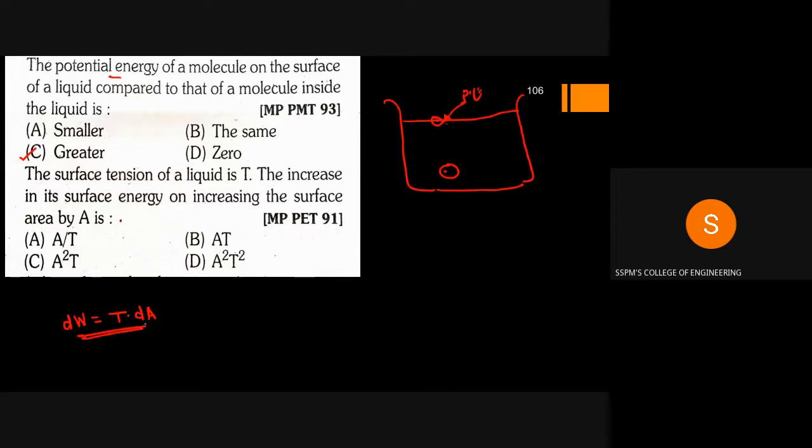Okay, so just we can write dA as A. So this is T into A. So if the surface tension of the liquid is T and we increase the surface area by A, the surface energy will increase by the amount AT. So the correct option is option B.